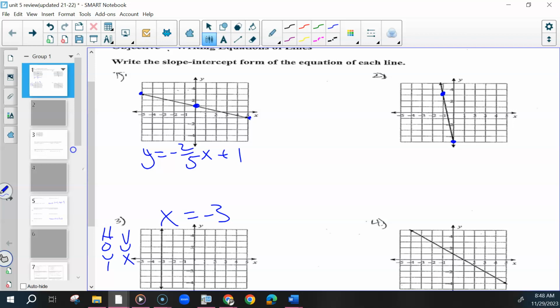What is that slope? -8, but yes. So this will be y equals -8x minus 5. Go on to the next page.